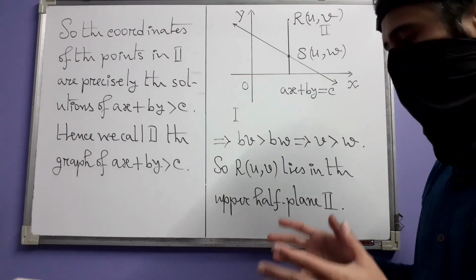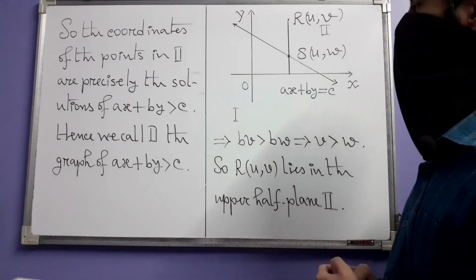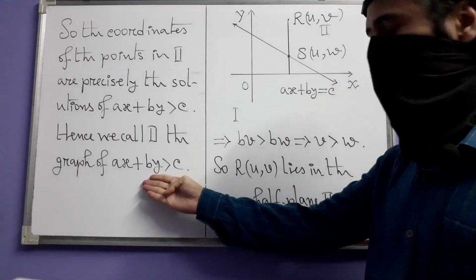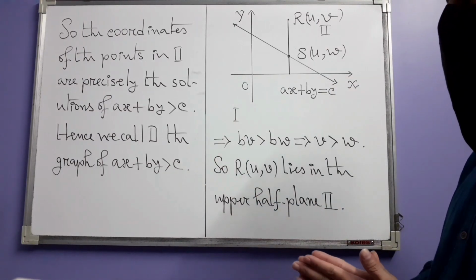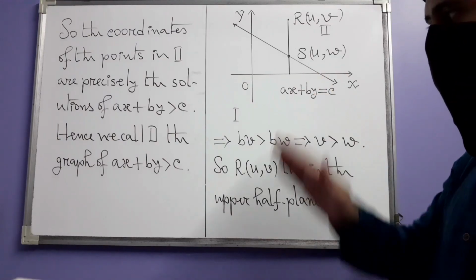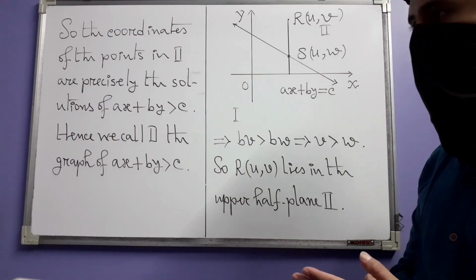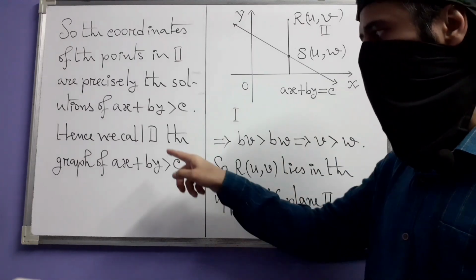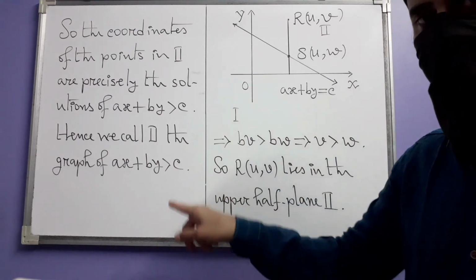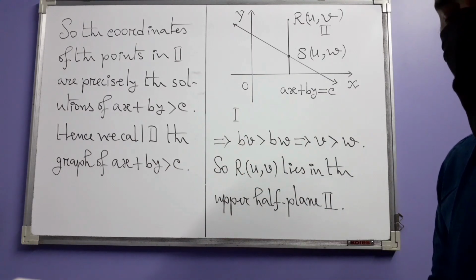But the consistent thing here is that for any such inequality, the graph will be either the upper half plane or the lower half plane, determined by the straight line whose equation is ax plus by equal to c.